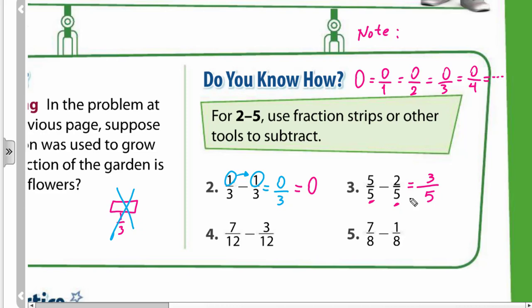Thamir Al-Isa. Yes. Go ahead, my hero. Question number 4. Seven minus 3.